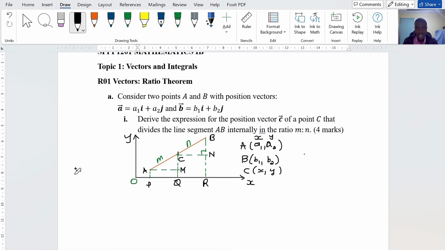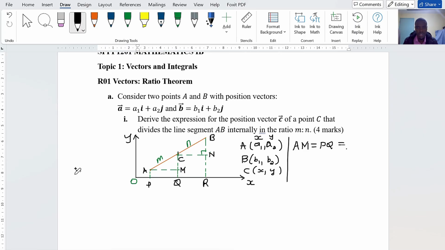Now, looking at the diagram, we want the distance AM. We start by analyzing the position AM. AM is projected to PQ. You can see that in the diagram.